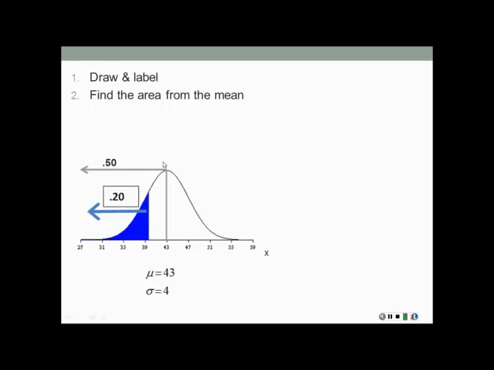So we know that from the mean down is 0.5, and the point we're looking for is 0.2 down, so we have to find this area here is our first thing, and of course it's going to be 0.5 minus 0.2 is 0.3. And then that's what we're going to look up in the z-table, is 0.3.